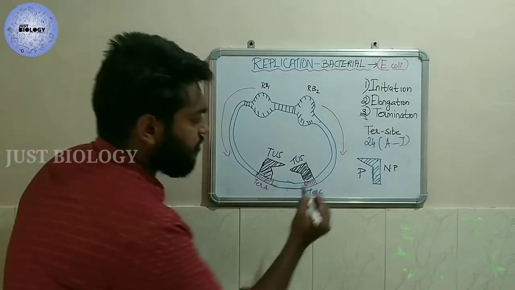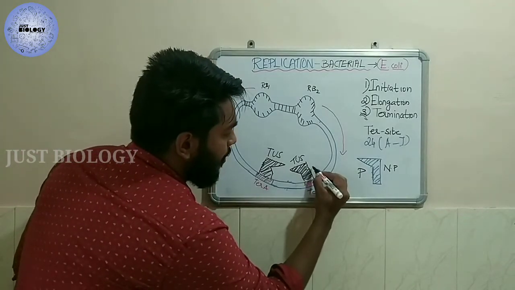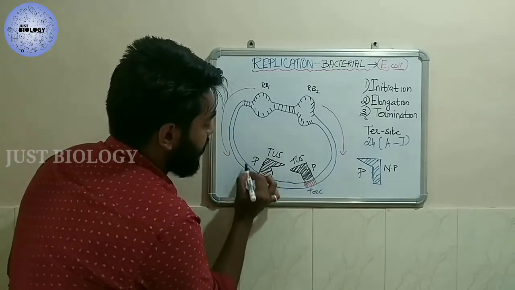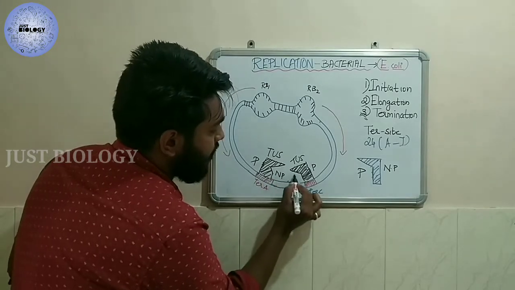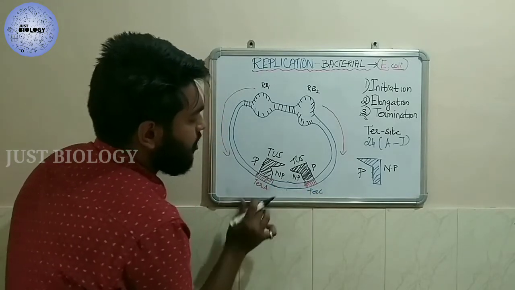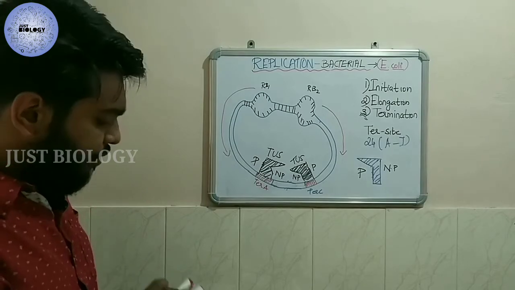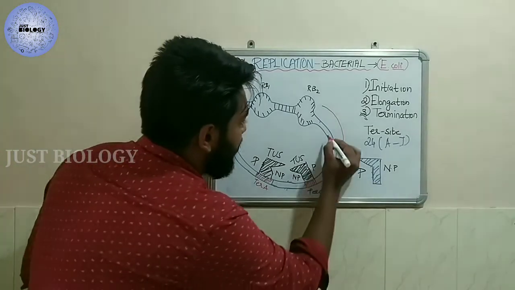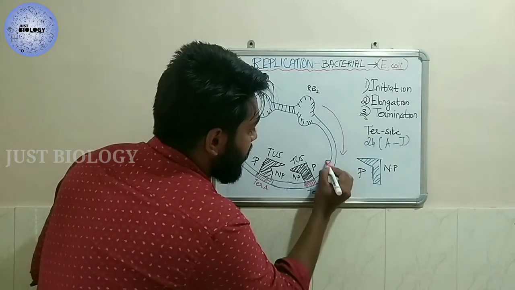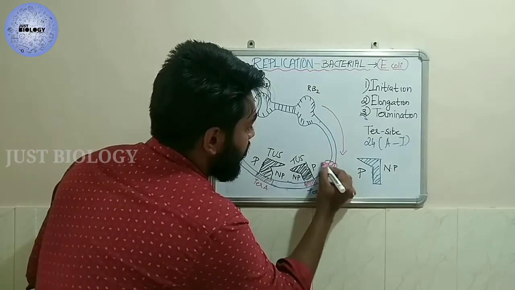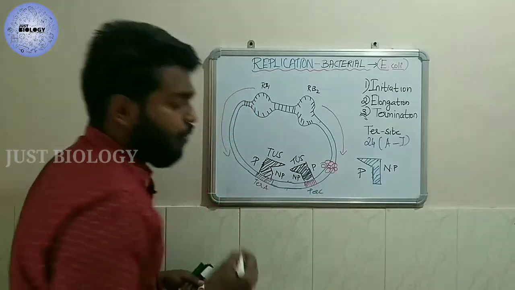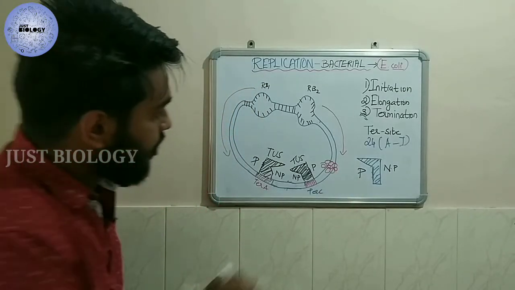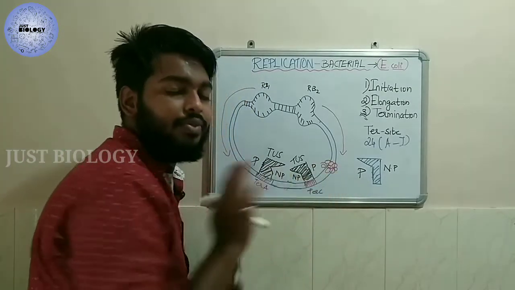Let's imagine this is permissive and this is also permissive, this is non-permissive and this is also non-permissive. So let's imagine like this. Let's say this is a B protein which is coming for polymerization action. Now in this permissive end it's fine.